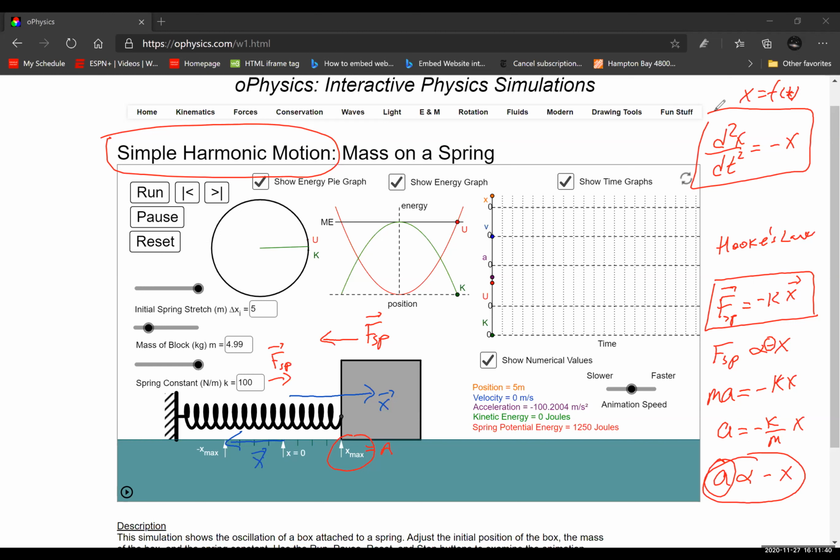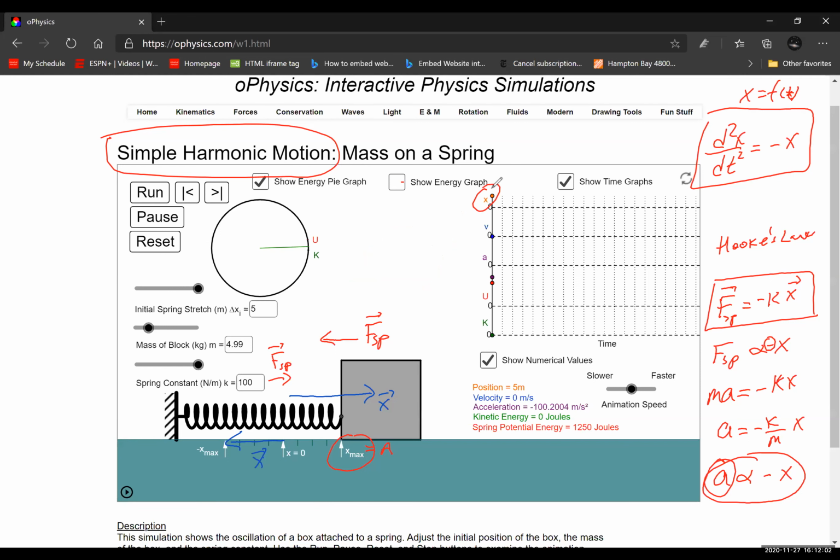I'm going to show you why that is the case for this type of motion, when you look at this position versus time graph. This simulation shows several graphs, but let's remove the energy graph for now because we don't really need that.